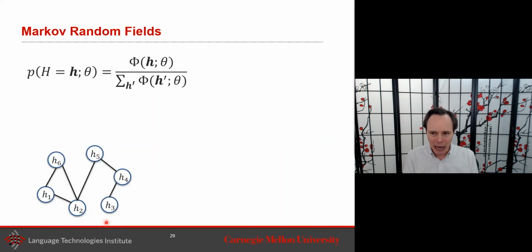But in many cases, the random field, that graphical model, will in fact have only a subset of the potentials defined. You could call them links, but the potentials. So instead of having all of them connected with each other, you will use some knowledge.